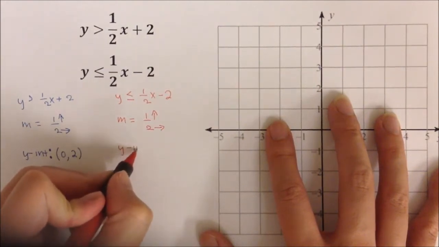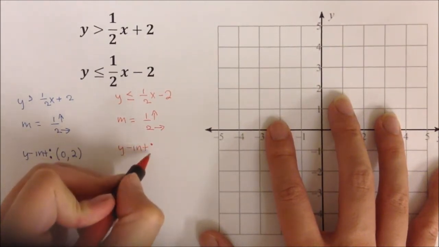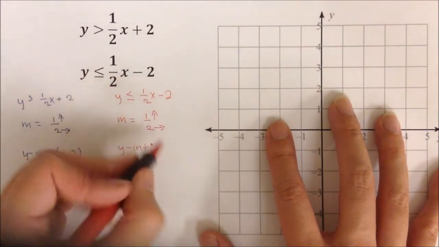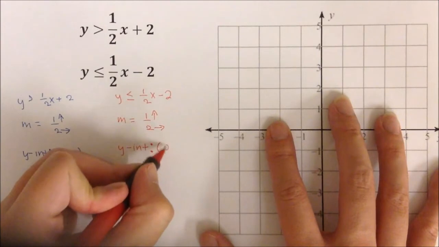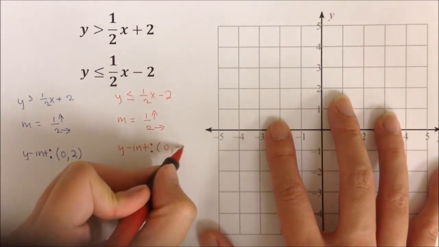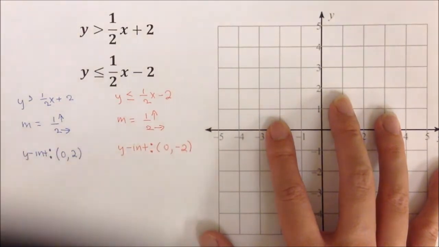For our y-intercept, it's going to be the number by itself. So (0, -2), since it's minus 2, this will be a negative 2. So I have my slope and my y-intercept.